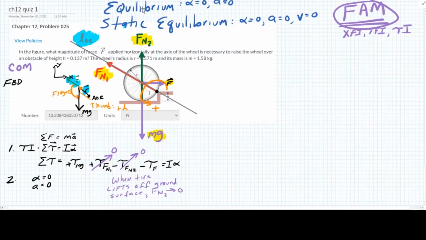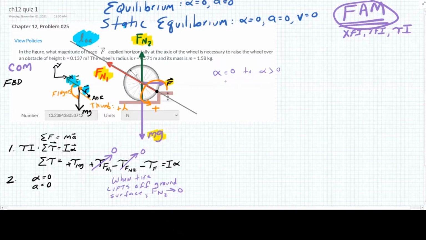In other words, I'm trying to find the minimum force that causes the acceleration to go from alpha equals 0 to alpha just being something greater than 0. So I'm right at that threshold. That's why I'm saying I'm looking for that break-even point, and that's why I'm saying alpha equals 0.